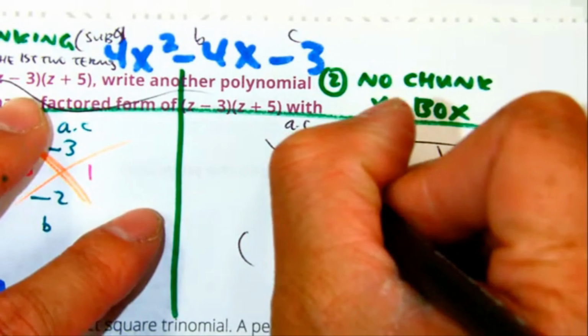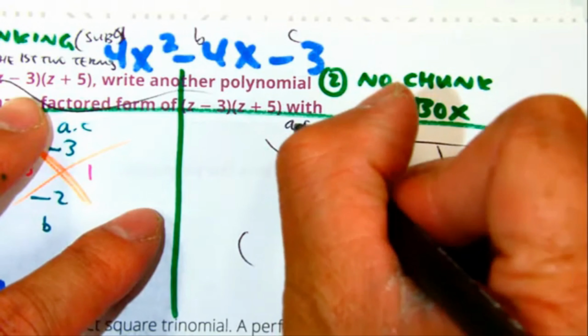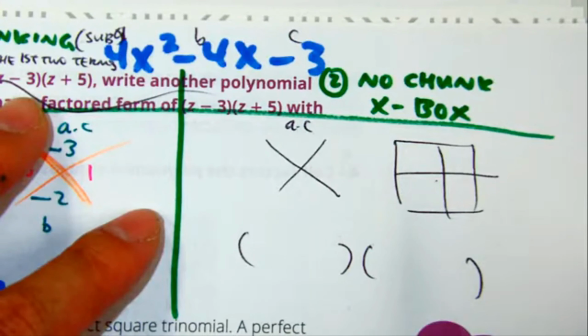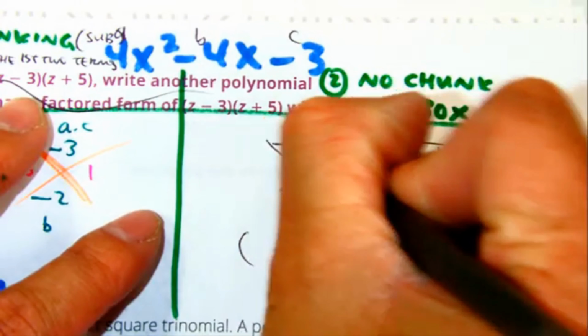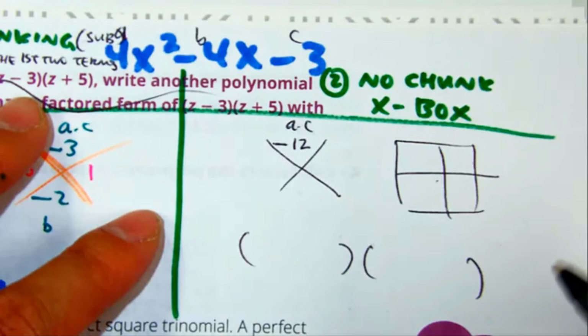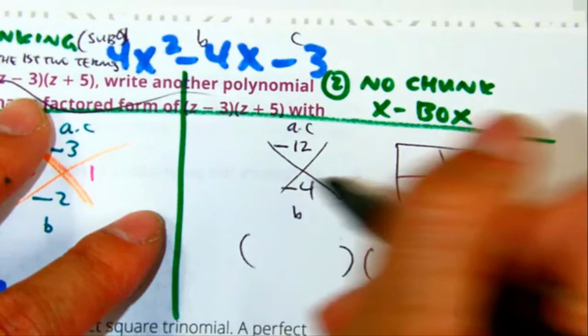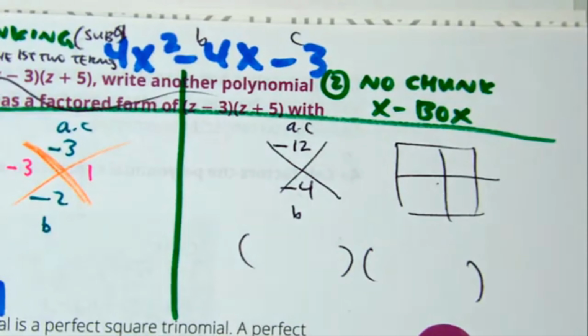I'm sorry? So you're doing A times C, which is negative 12. And let's see your B value, negative 4.